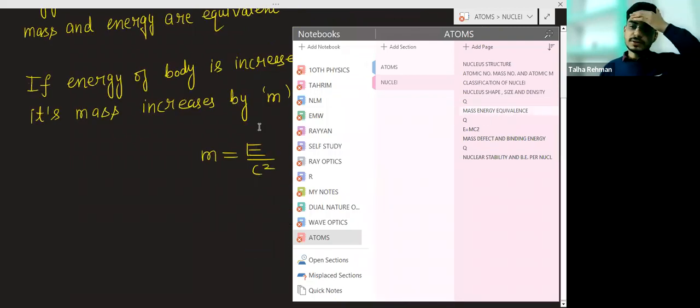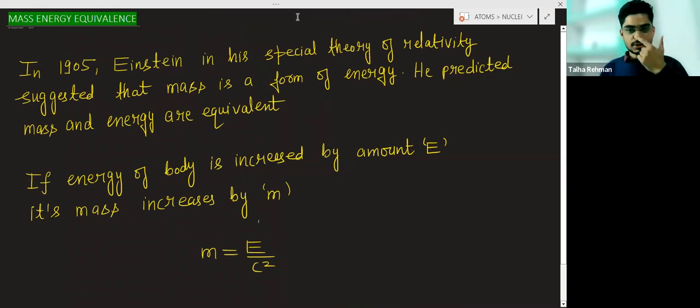Mass energy equivalence. Now this is a very interesting concept. According to Albert Einstein, in 1905, in his special theory of relativity, he said that if you are giving energy to some object, the mass of that object will increase.